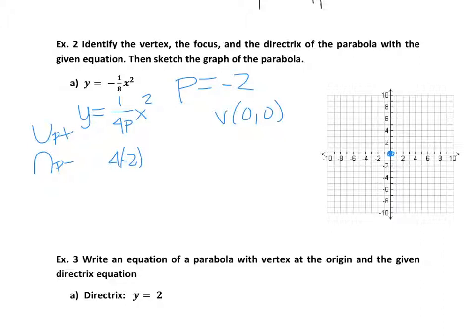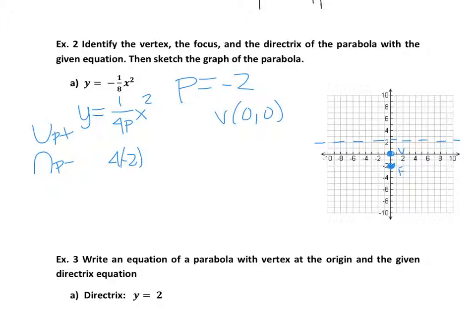If my p-value is negative 2, the distance is 2 from the vertex, so I'm going down. This right here is my focus, and this is my vertex. Now I need to find my directrix. Remember, the directrix is just a line behind the parabola. Since my p-value is 2, my directrix is going to be along the line y equals 2.